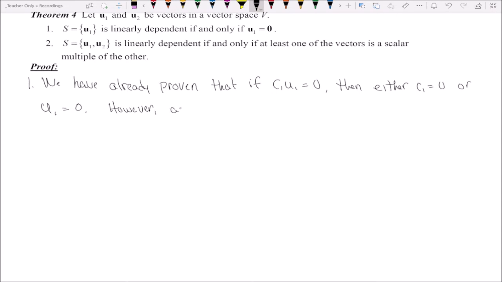However, assuming linear dependence of the set of just U1 implies that C1 can be non-zero. This means that U1 has to be 0.